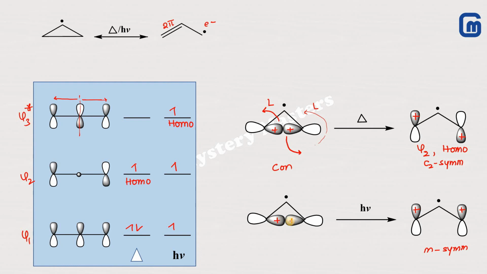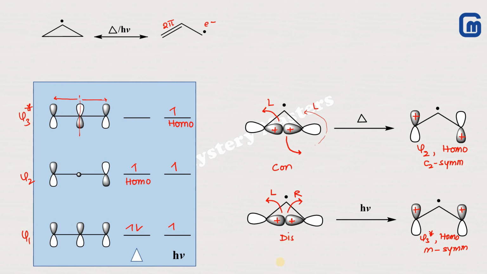So when this sigma bond is broken and we are rotating it, if I rotate it in this way, that is one of the orbitals going towards my left hand side and the other orbital going towards my right hand side, then I will be achieving this M symmetry, which resembles psi 3 star, which is HOMO for us in the case of the H nu condition for these allyl radical systems. And here we can say that the movement is of this type.